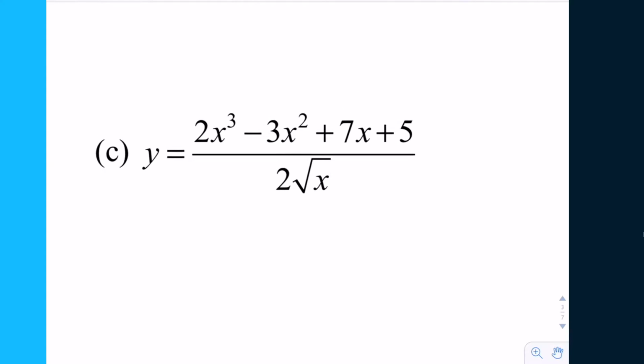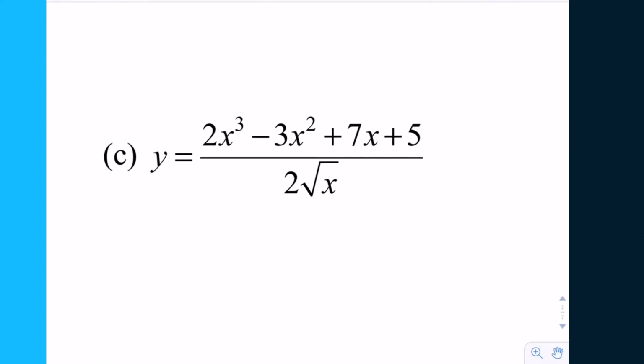We need to be able to write those four terms as a single term apiece, each of the form ax to the n. So there's two ways you could do that. You can either bring the 1/2 out front of the whole thing from the denominator and bring the x to the 1/2 to the top and distribute, but that's a lot of record keeping. You have to be very careful with your parentheses and grouping. So what I think is easier is to split up the terms by putting each term in the numerator over the entire denominator.